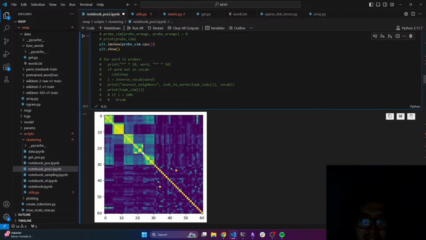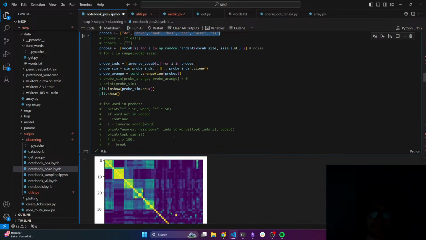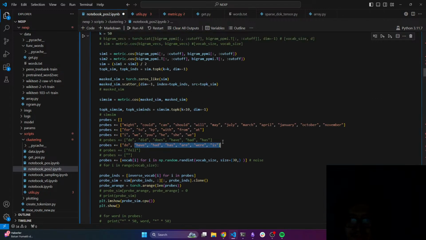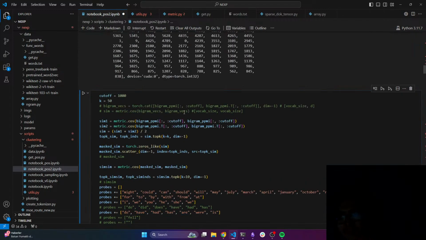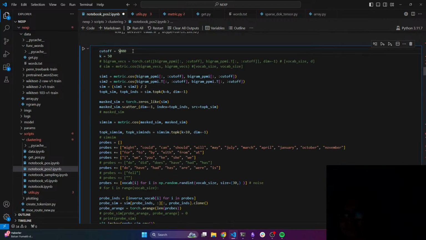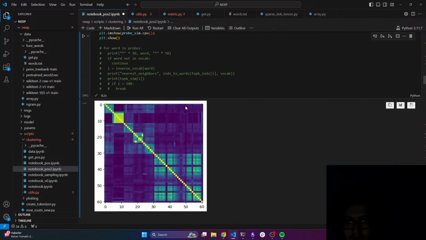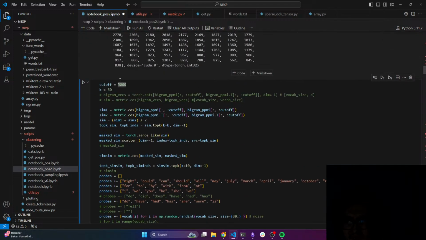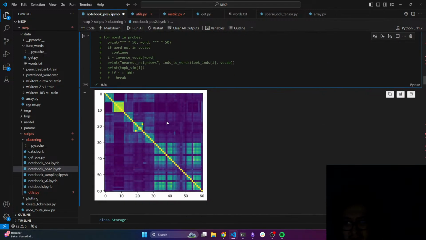So it's not super clear-cut, that's the issue. But this is super clear-cut, right? These are not at all similar to these, except for this. I am pretty surprised to see this kind of black hole region. What if we increase the cutoff point? Why does this happen?